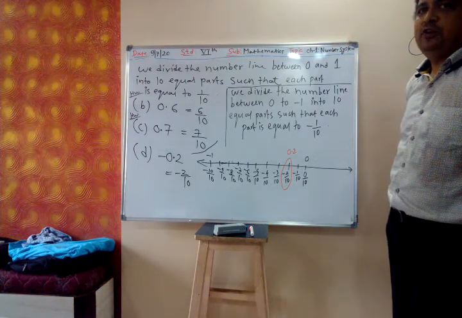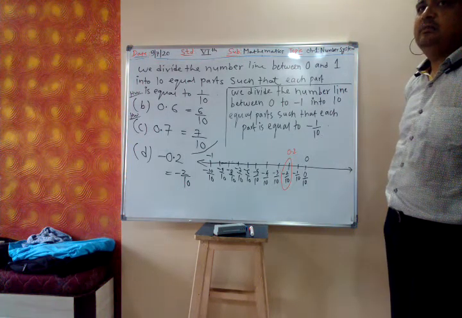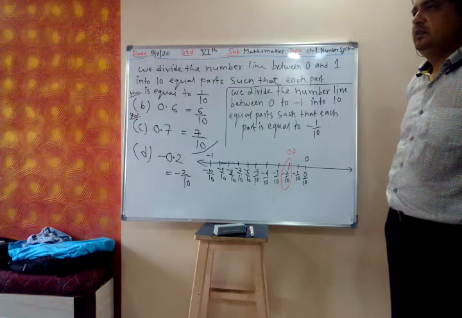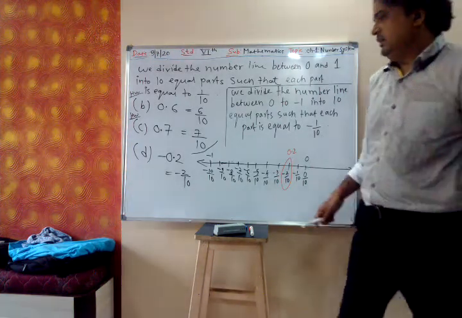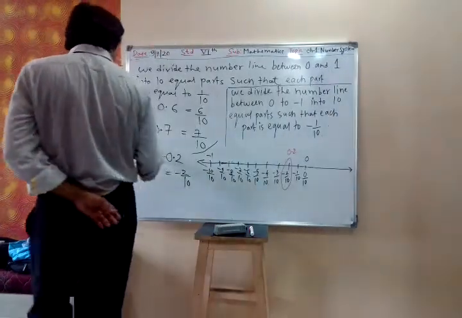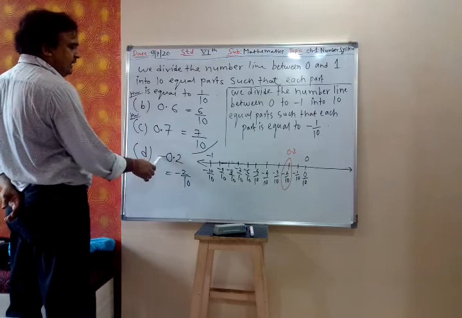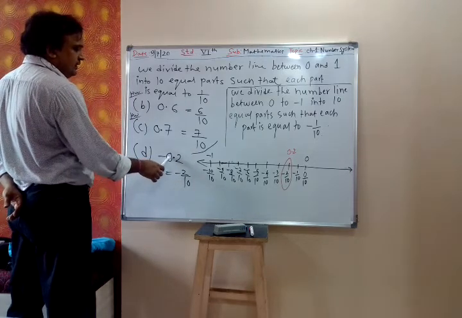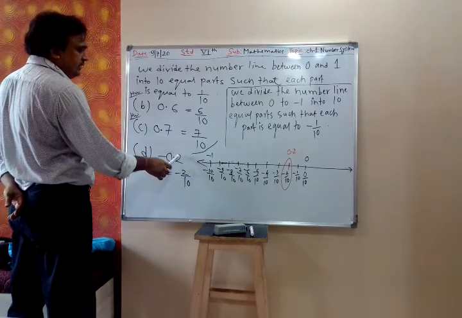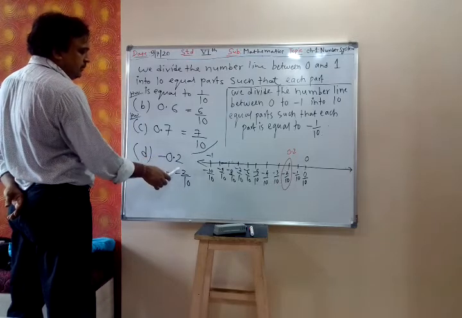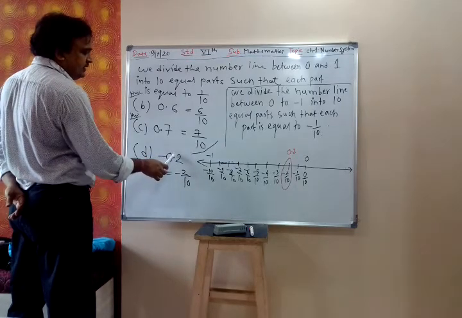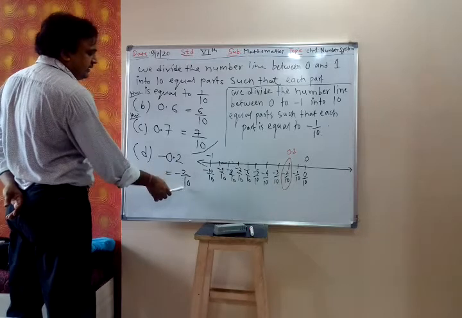So minus 0.2 means the number is negative, and after the decimal there is one digit, so the minus sign will remain. Then when you remove the decimal, it will be 2 upon 10, because after the decimal there is one digit, so the denominator will be 10.